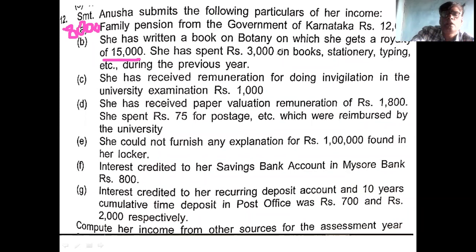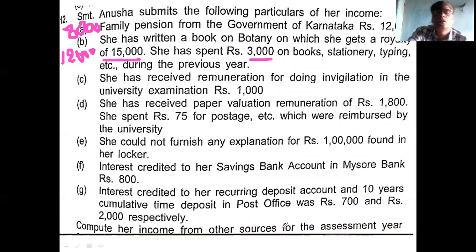She spent 3,000 on books, stationery, typing, etc. during the previous year, and this 3,000 is relating to writing the book. So it is relating to royalty. 15,000 is the income, 3,000 is the allowable expense. What is the net income? Rupees 12,000. 12,000 is the income from second point.